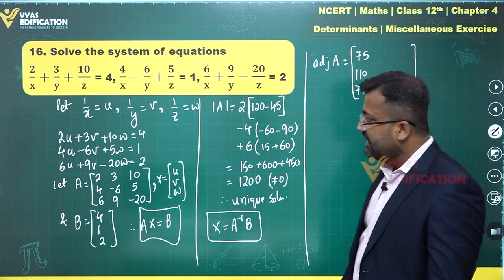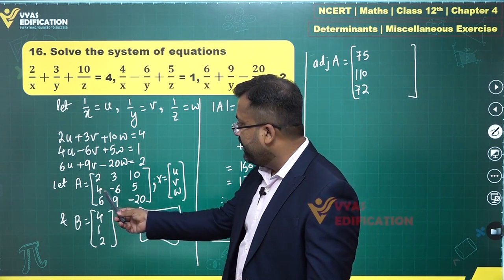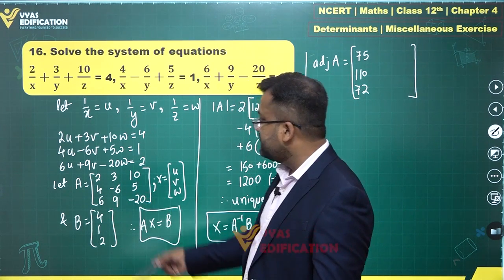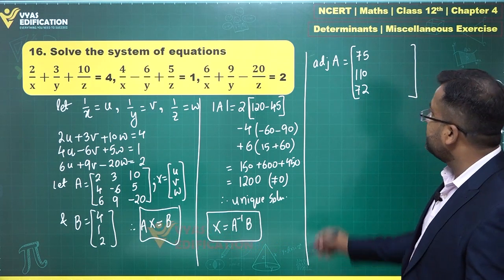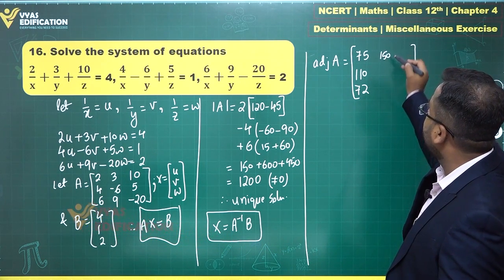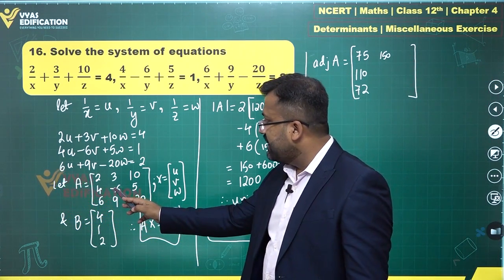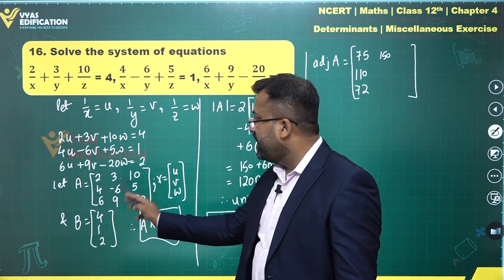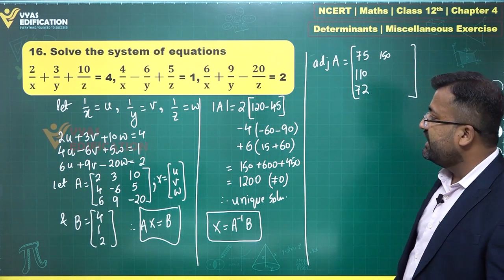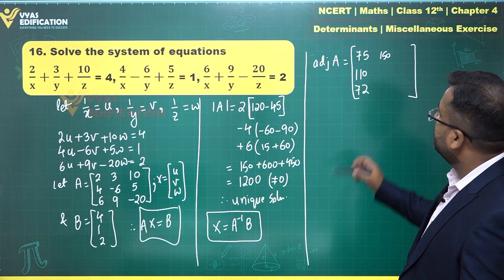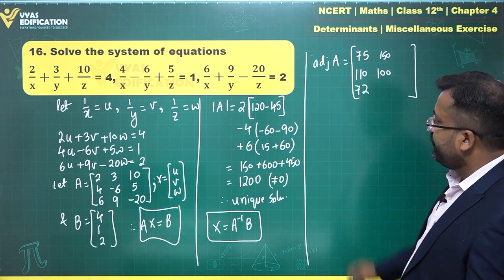Don't make a mistake in that. Next, you have a 4 over here. This is minus 60 minus 90, which is minus 150, but that will be a plus 150 over here. What about this element? This element will be minus 40 minus 60, which will be minus 100, and this element will be here only, transpose.